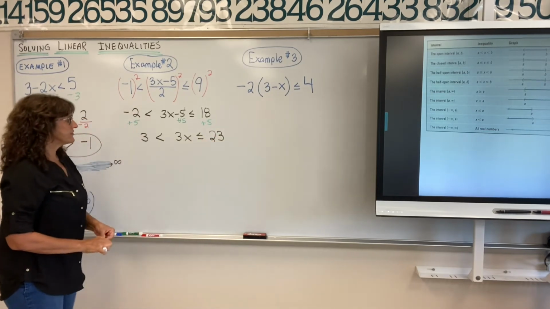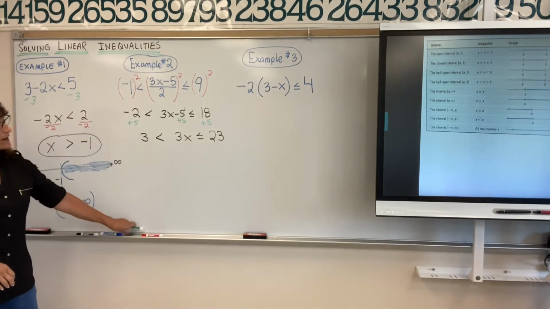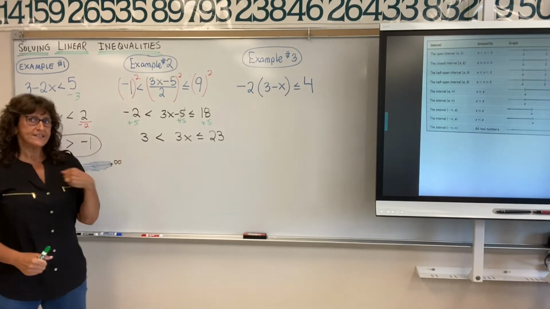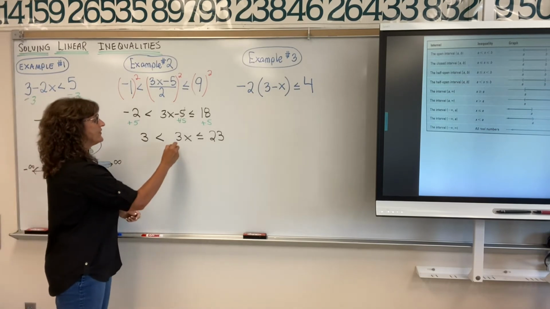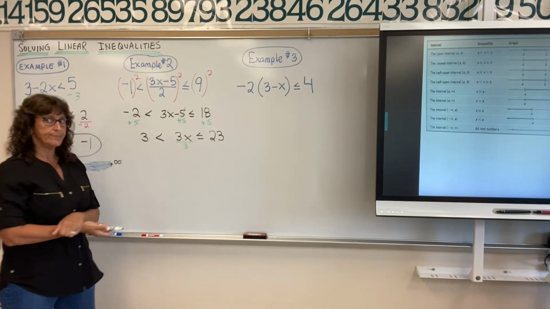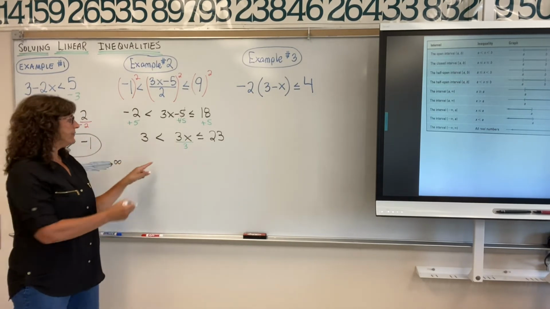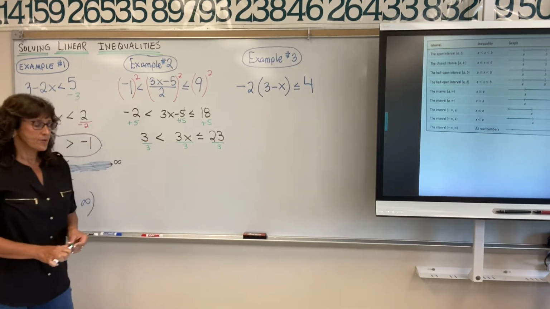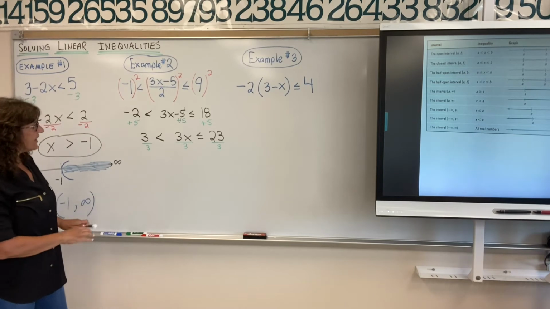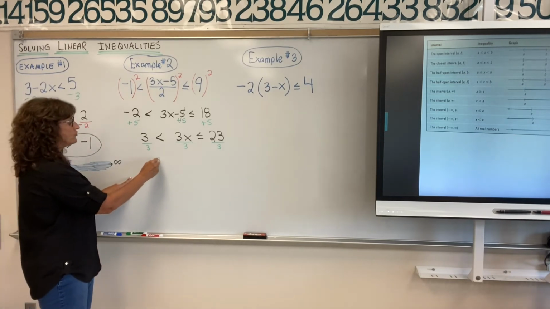And so we have this. All right, now what? Well, let's see. We don't want 3 times x. We just want x by itself, so let's go ahead and divide by 3. Whatever we do in the middle, we're going to divide by 3, divide by 3. So on the left side, 3 divided by 3 is 1.